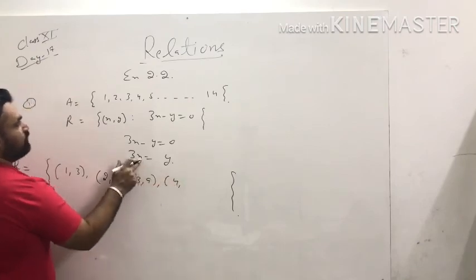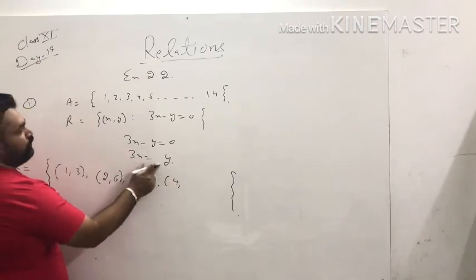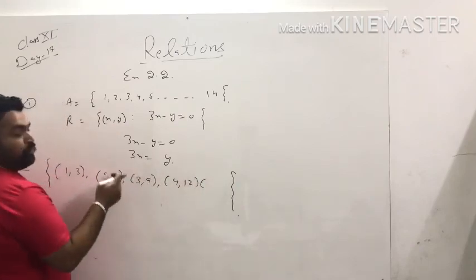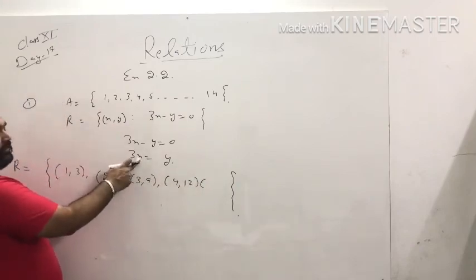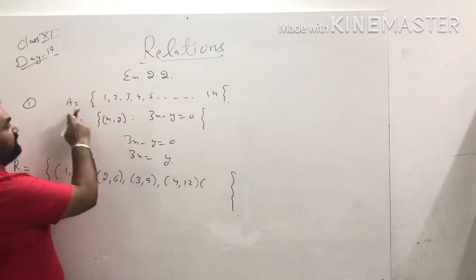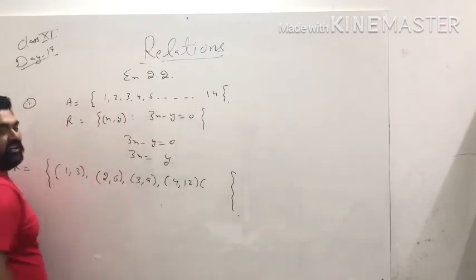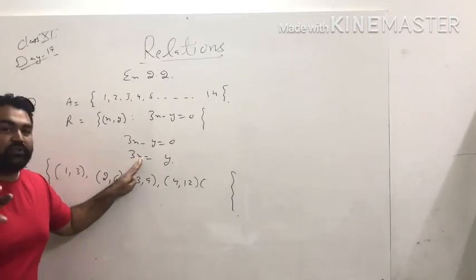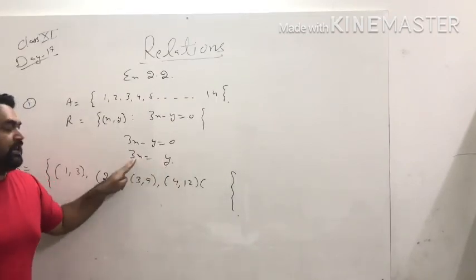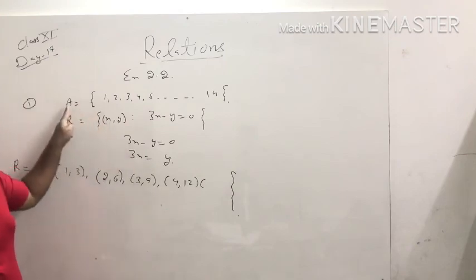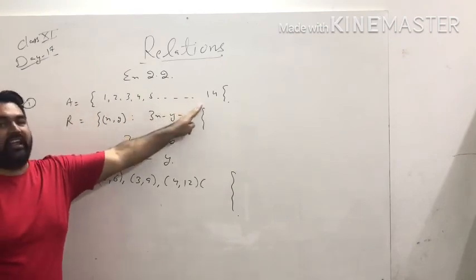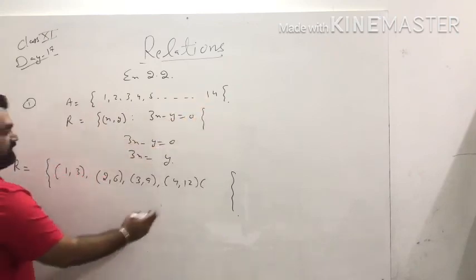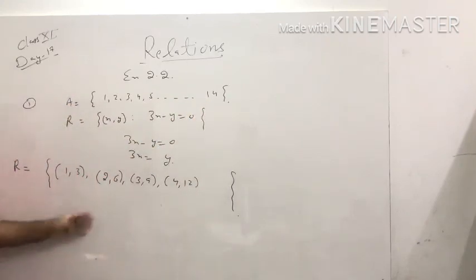If x equals 4, y is 12. But if we put x equals 5, this becomes 15, which is not included in A. Please recall, the elements of A are up to 14. So these are the possible ordered pairs.